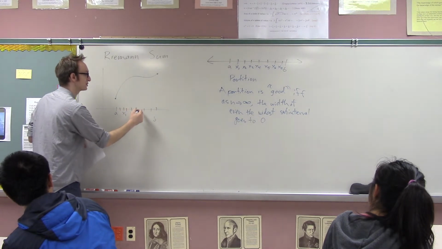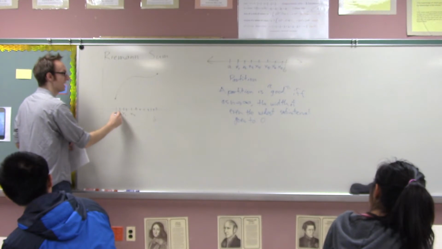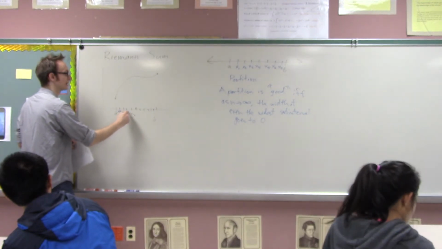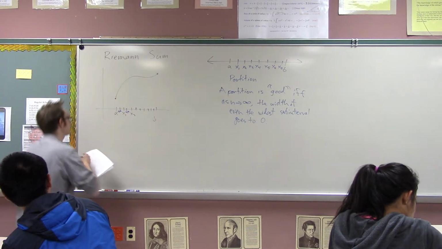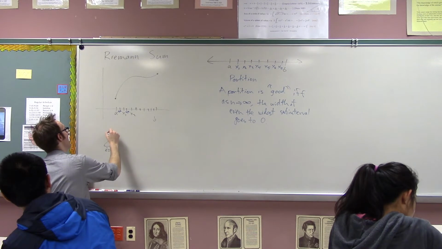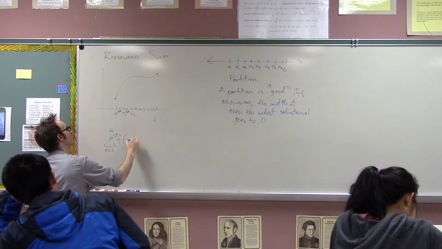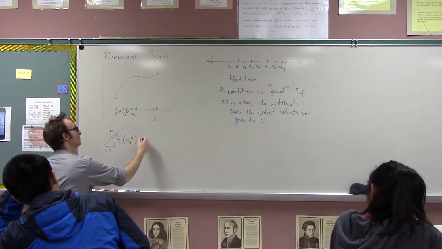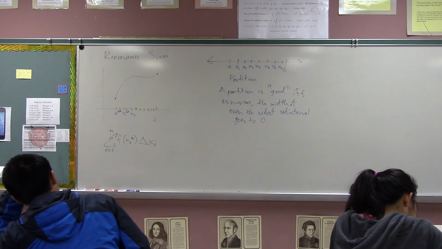Not random, but arbitrary. Any point I want, somewhere in that subinterval. And I call that x sub 1 star, x sub 2 star, etc. A Riemann sum is the sum from i equals 1 to n of the values of the function at those sample points times the width of that subinterval.